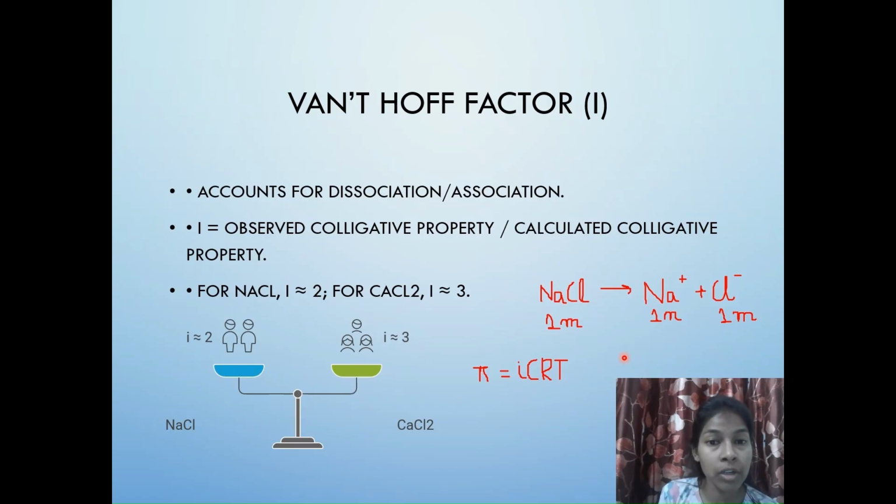The reverse of this is association, meaning the formation of dimers or trimers. If you have put in 2 moles of solute but they combined, for example acetic acid in benzene, 2 moles of acetic acid combine to form a dimer and it forms a single mole. So that is known as your Van't Hoff factor.